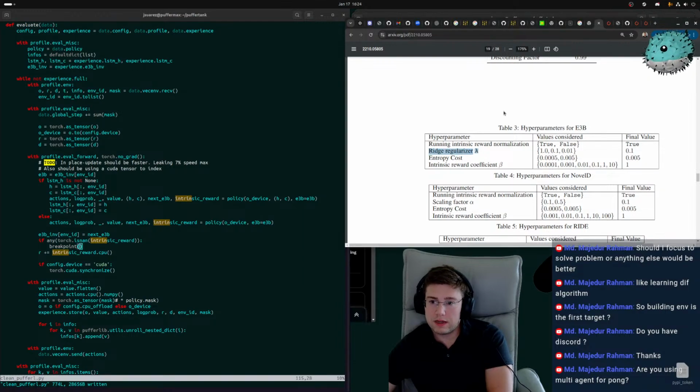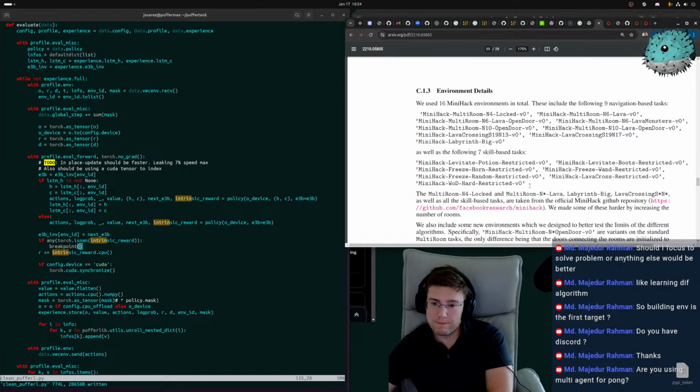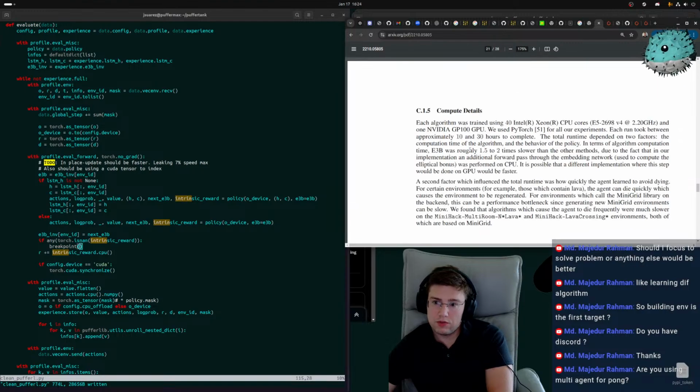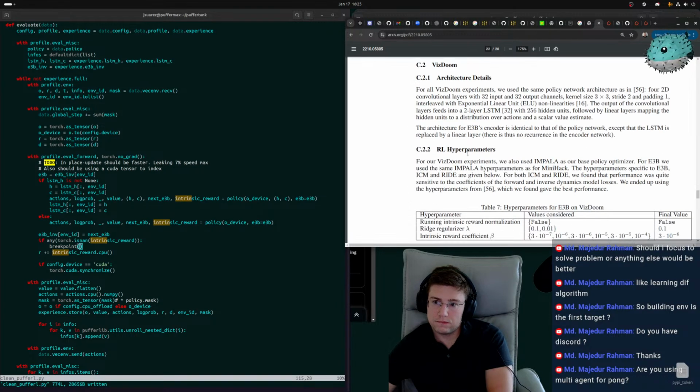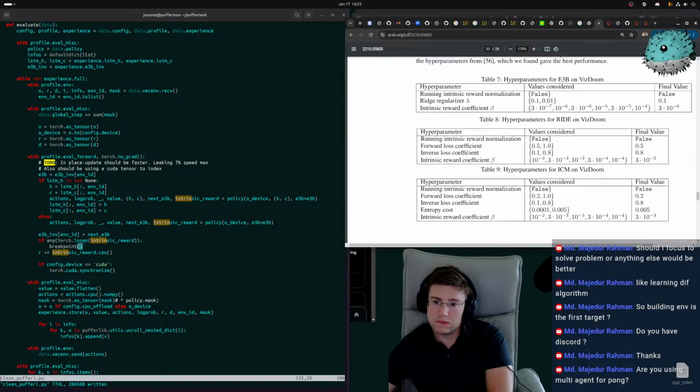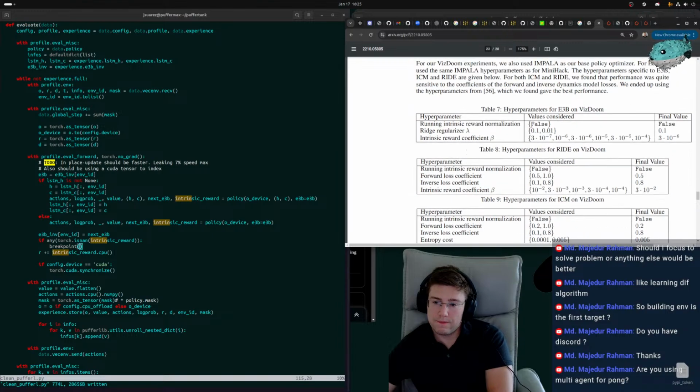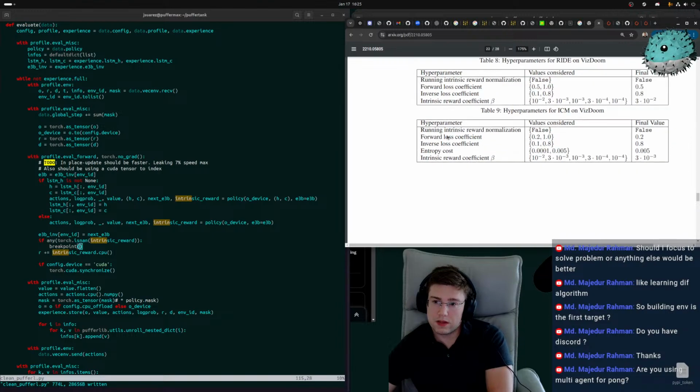Is this a different lambda? It's hyperparameters for E3B, and they do 0.1. So I don't know how that's possible. Yeah, they got 0.1 everywhere.